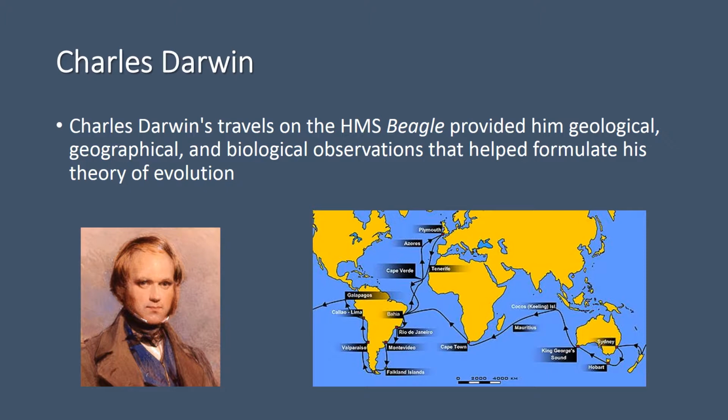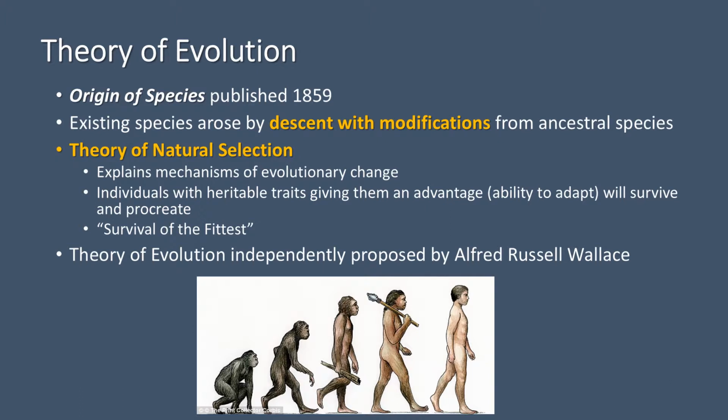Now, everybody knows who Charles Darwin was. So he traveled all over on his boat, the HMS Beagle, spent a lot of time in the Galapagos Islands, and through observation formulated his theory of evolution. And so then he published a book, The Origin of Species, in 1859, and he believed that all of the species that are present on the planet arose by something called descent with modification, and that's based on the theory of natural selection.